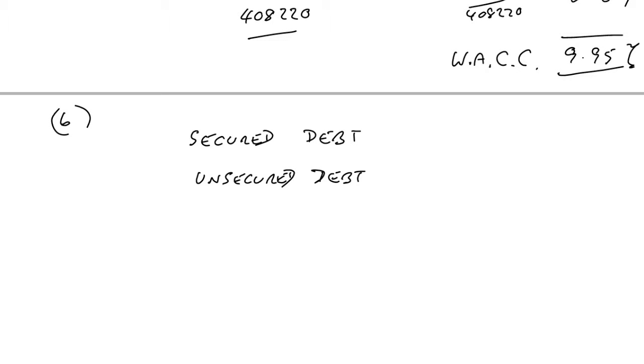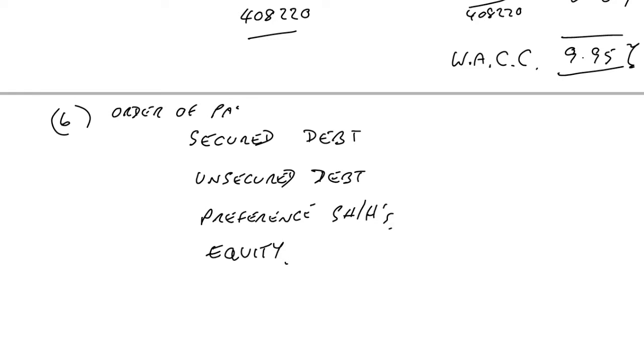If there's still money left, the next are preference shareholders. And if there's any money left after paying off all of them, only then do the ordinary shareholders' equity take what's left. So this is the order of payout on bankruptcy or liquidation.